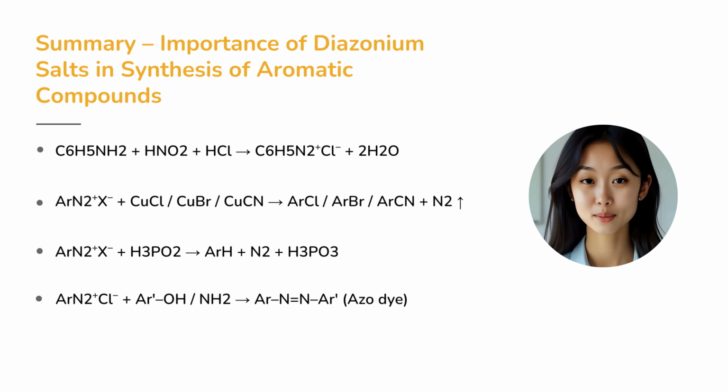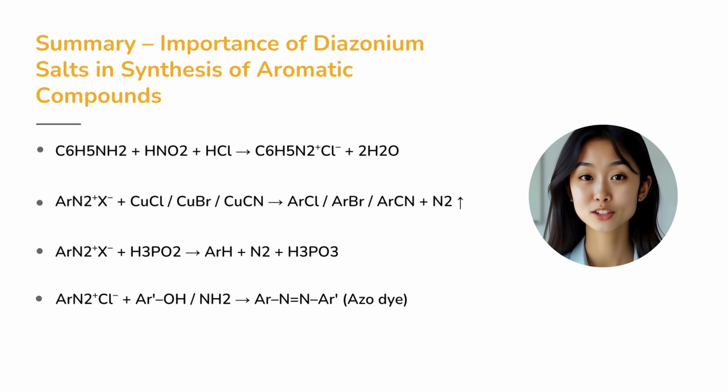Hey there, chemistry champs! Let's tackle a classic problem, converting aniline, which is C6H5NH2, into benzonitrile, C6H5CN. Ready? Let's begin. First, we do diazotization by treating aniline with nitrous acid and hydrochloric acid at cold temperatures.